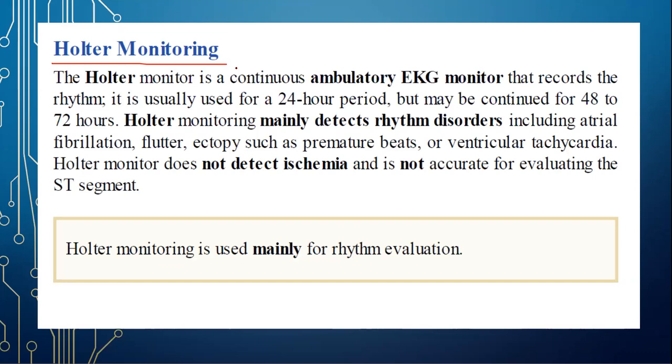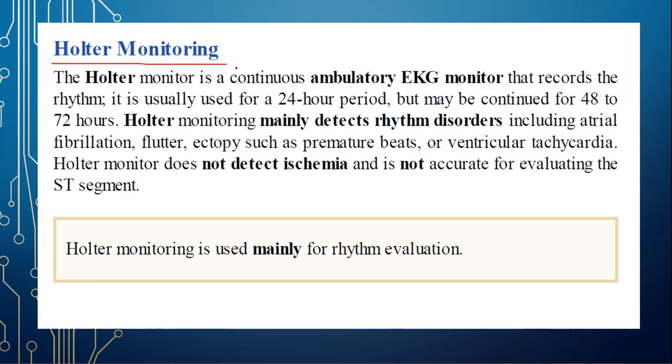Remember, Holter monitoring doesn't detect ischemia, and we don't do Holter monitoring to find out if this patient is having MI or not. One of the very common mistakes candidates make is choosing Holter monitoring for MI. Remember, Holter monitoring is only for those patients who have rhythm disturbance.